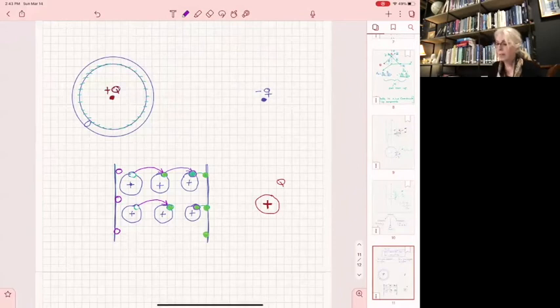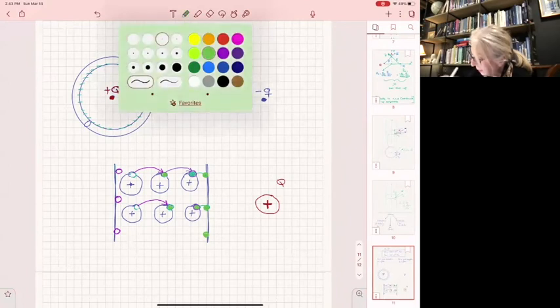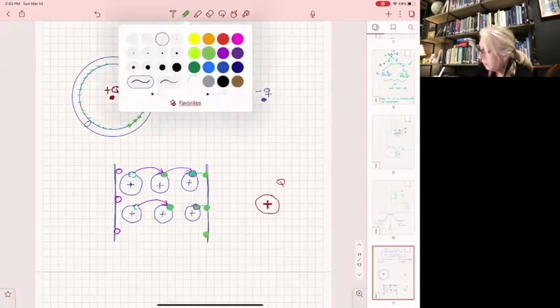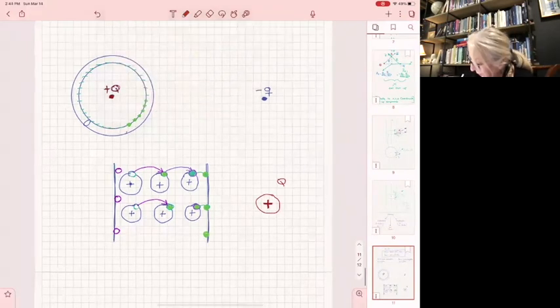So that's why we have all of the electrons, the green ones, here. And then we have all of the positive holes, because the holes are positive, out here. So these are the positive charges all around it.